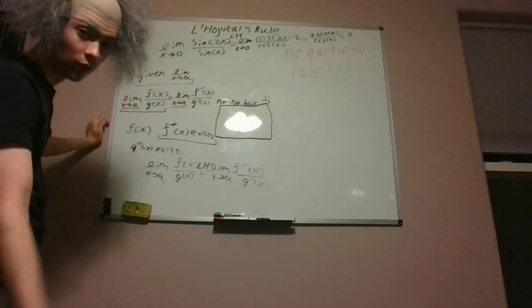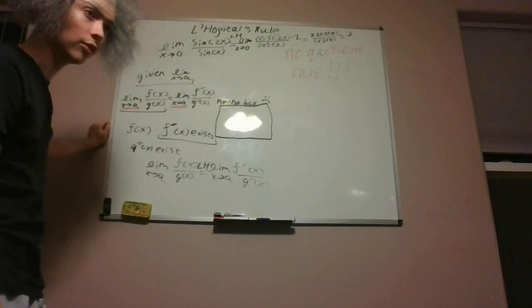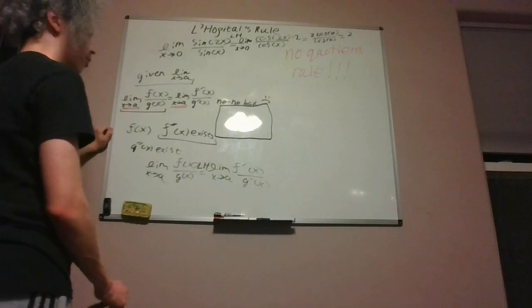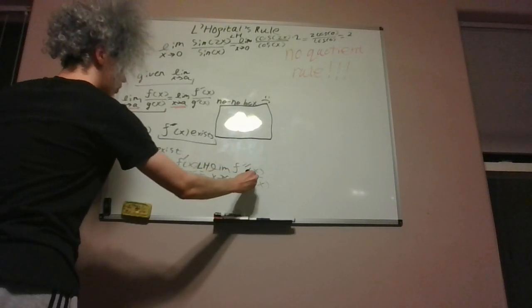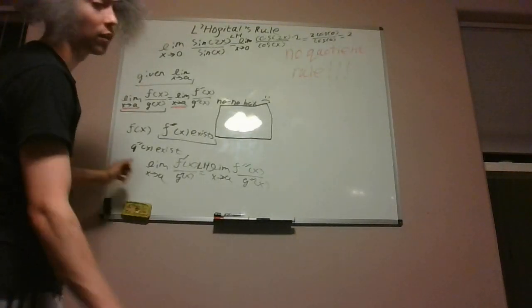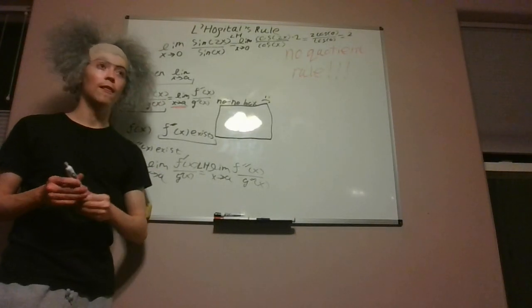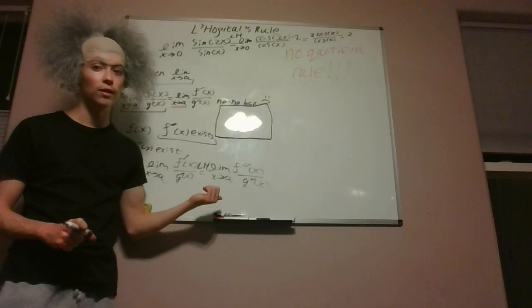However, if this still outputs an indeterminate form, because that is possible, especially with higher degree functions, exponential functions, logarithmic functions, you can keep going. You can take another derivative of the top, take another derivative of the bottom, and follow the exact same process, change absolutely nothing until you get it. Because eventually, with L'Hopital's rule, you will one day get it.